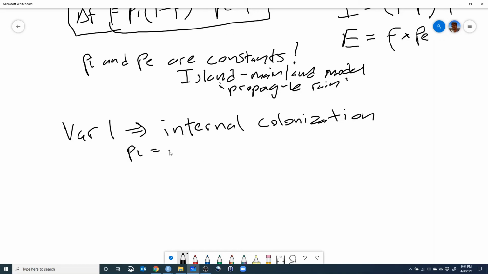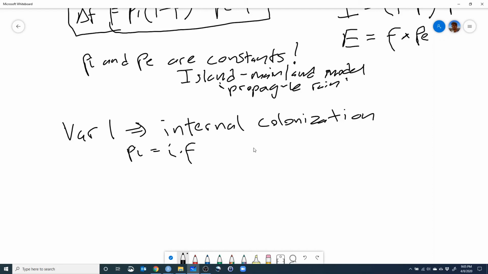And the function looks like this: I times f. I is now a new constant, all right? When the fraction of the metapopulation that's occupied, f, is 0, pi is 0, right? And when the fraction of the metapopulation that's occupied goes up towards 100%, then the colonization rate becomes close to I. That I is kind of the maximum rate of colonization in this model.